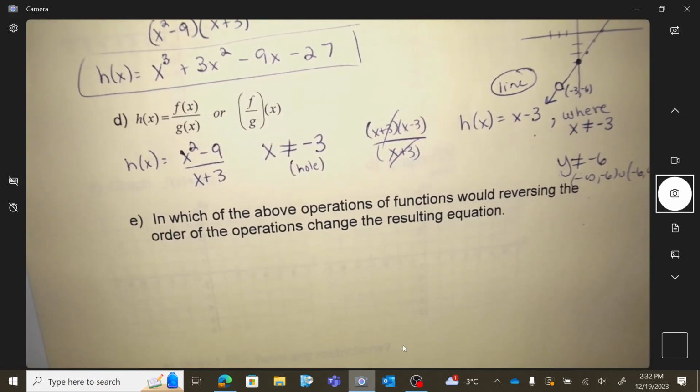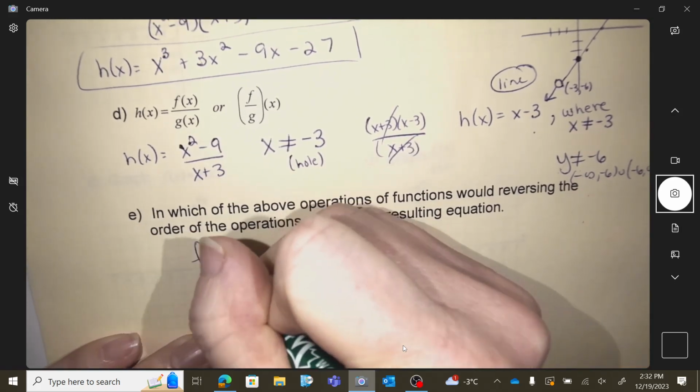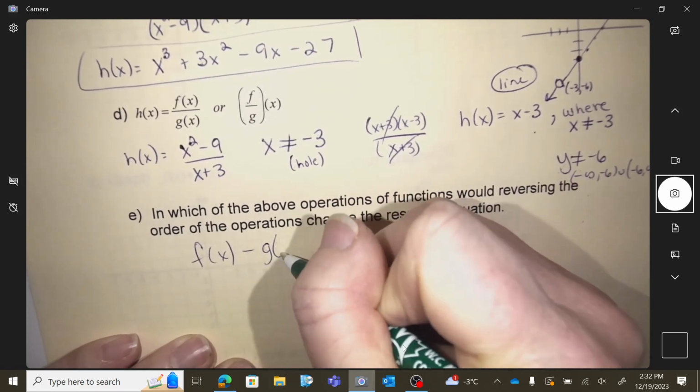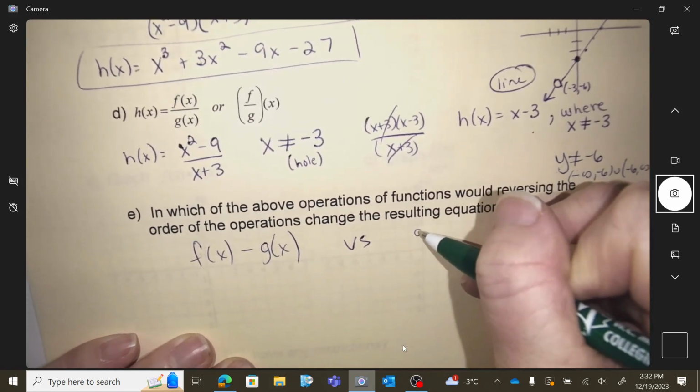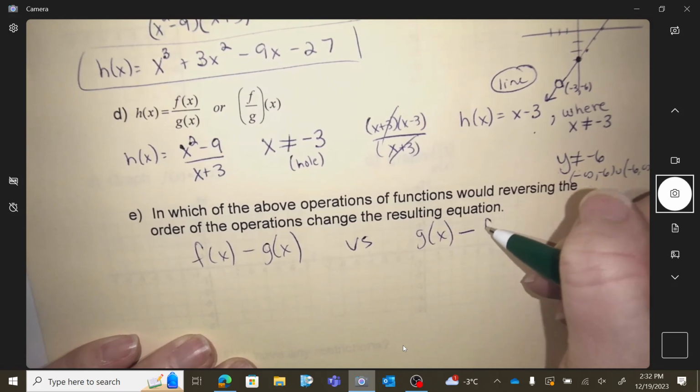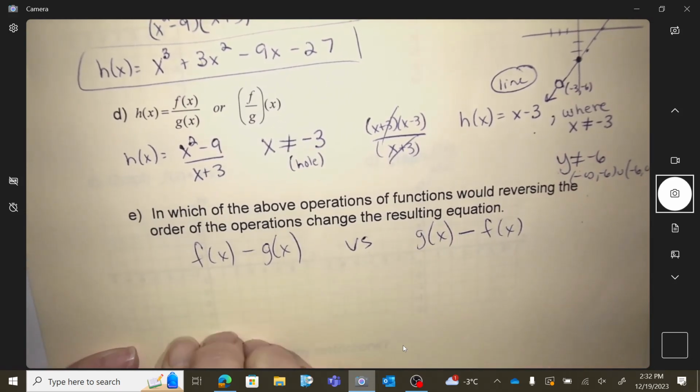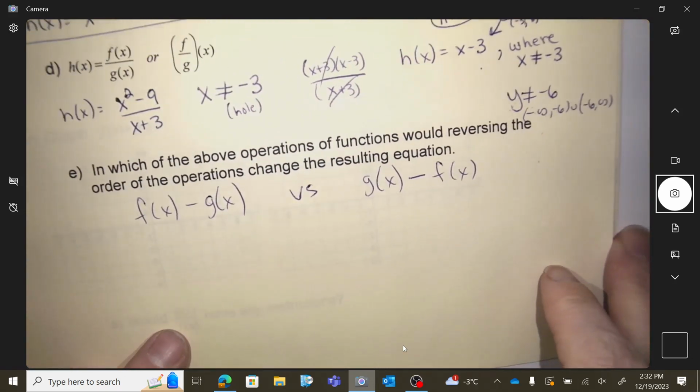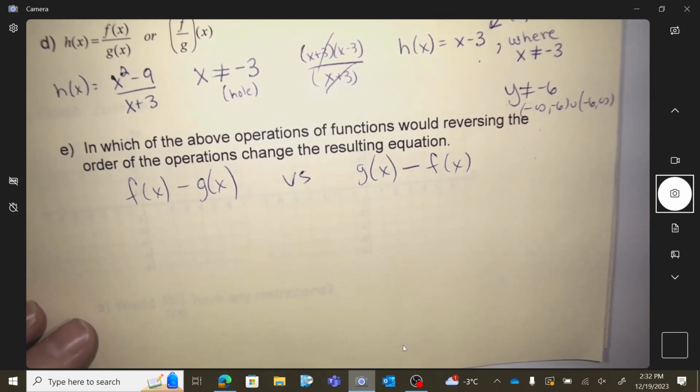Which kind of operation changes the result? If you add, does it matter? No. If you subtract two functions, that's different. Right? That's different, but if you did an add, it wouldn't matter. What about multiplying?